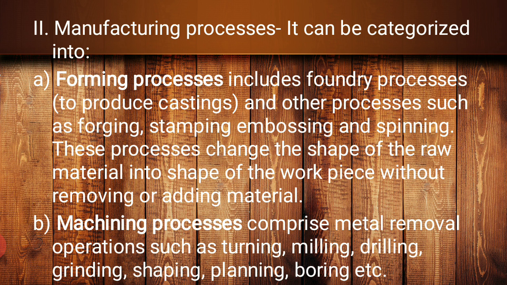What do we do? We sharpen it, means we remove the unnecessary shape there, and then we bring out the lead. Then that is said to be a machining process. In the same way, machining process in industry means a metal removing operation such as turning, milling, drilling, grinding, shaping, planing, boring, etc., through which you are trying to bring out something by removing the unnecessary things, and that is what is said to be the machining process, right?